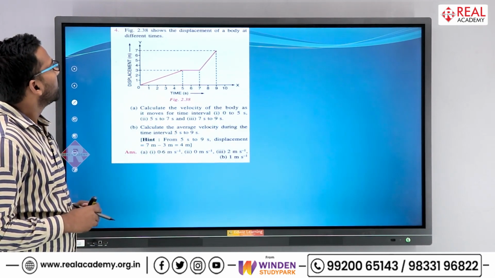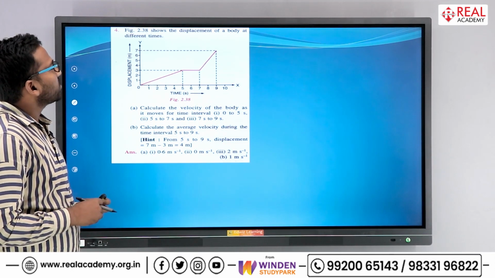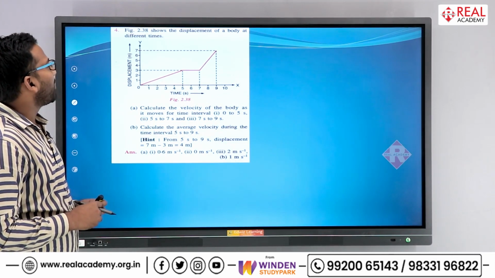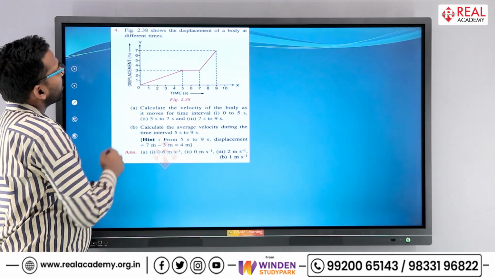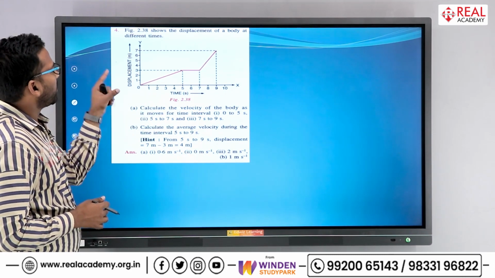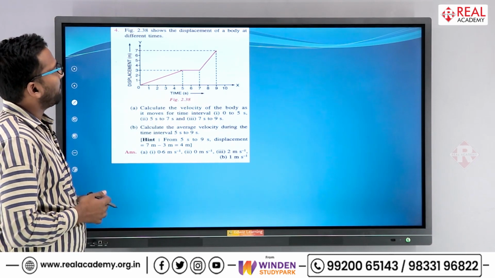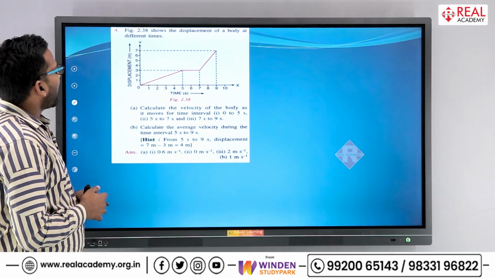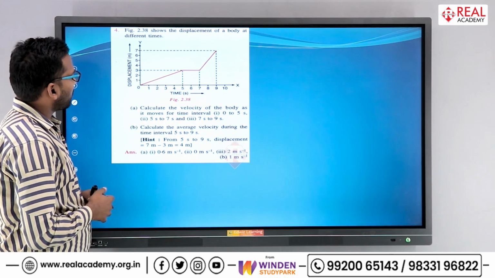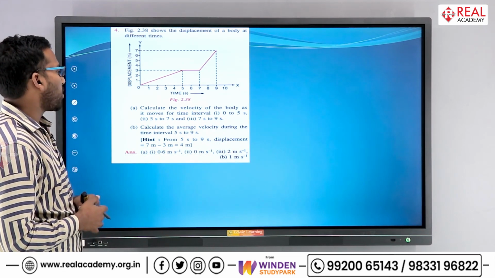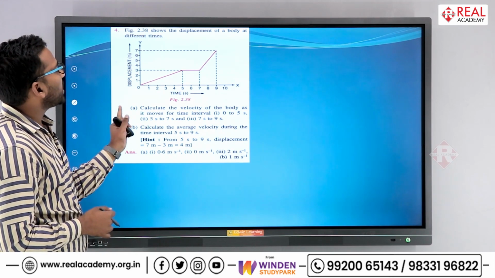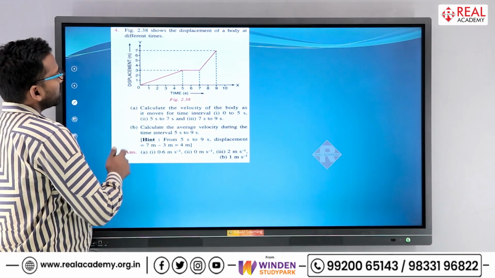Next question. Figure 2.38 shows the displacement of a body at different times, right? This is the question. We have got one graph over here, that is displacement with respect to time. In the first question, they are asking to calculate the velocity of a body as it moves in time interval 0 to 5 seconds.